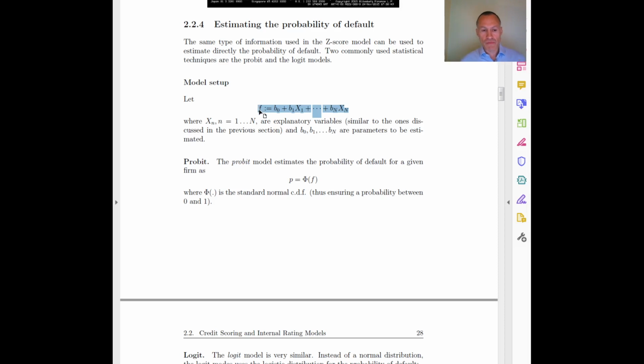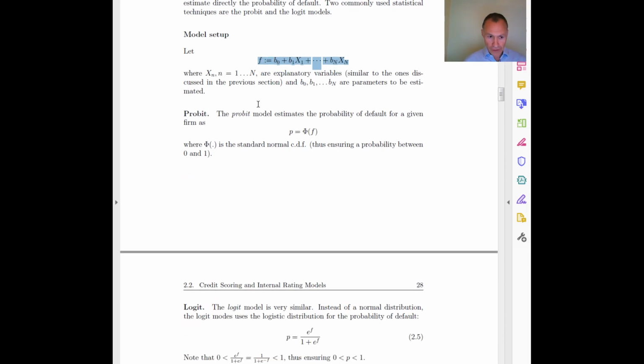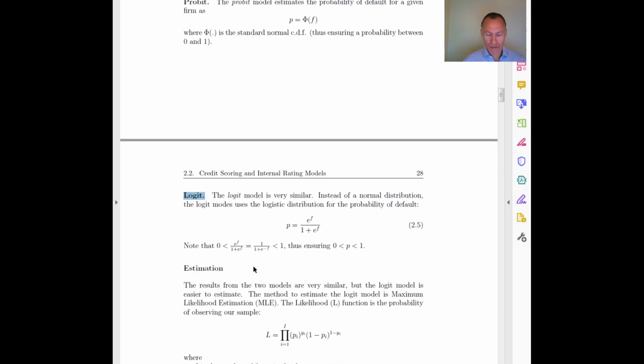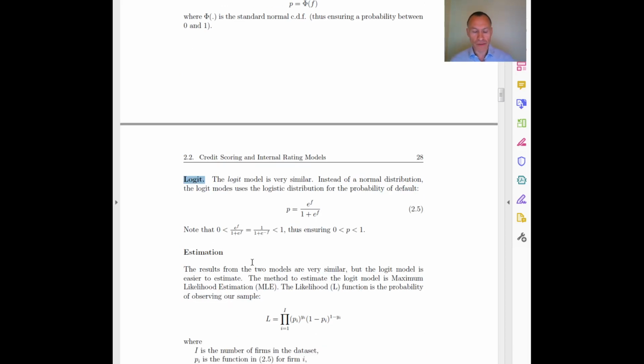So I need to do some more work to guarantee that what I have is a probability between 0 and 1. There are two alternatives. One is called the probit, the other is called the logit, and the logit is the one that turns out to be more used.